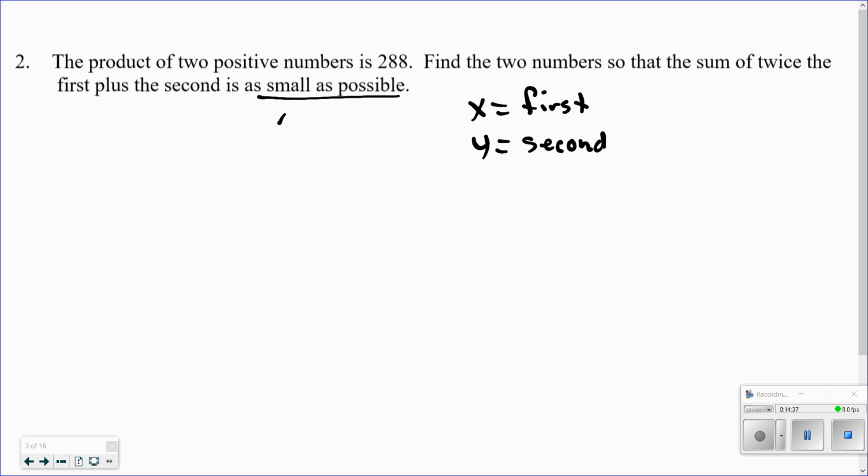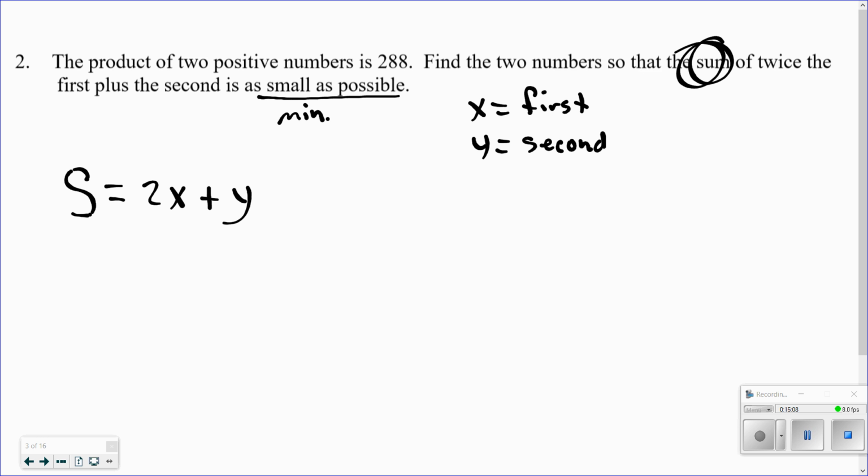That means we're trying to minimize, and you have to focus on what you are trying to maximize or minimize. In this case, we're trying to minimize the sum of twice the first number plus the second number. I'm going to use an S for sum. So I'm trying to minimize the sum, and it's a sum of twice the first number, that would be 2x, plus the second number.